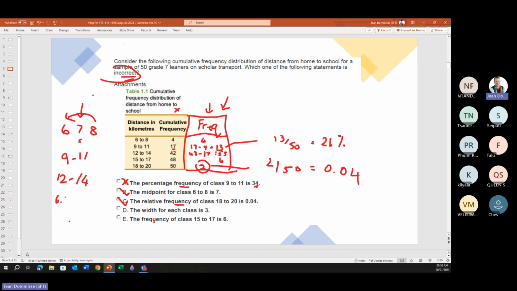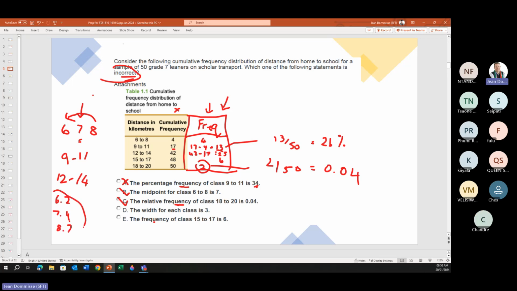Let's say from the data 6.2, then there's a 7.4, and then there's an 8.7. All of those will fall into the 6 to 8, or it could have been that they rounded off. So let's say it was 8.4. Okay, so then what you see is you actually have that 8 point something part of your distance.